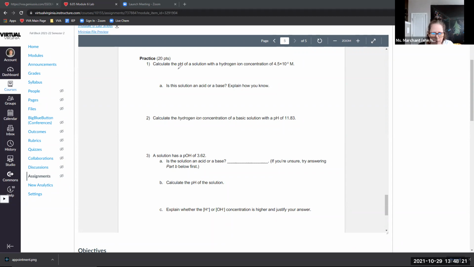Okay. The first one is calculate the pH of a solution with a hydrogen ion concentration of 4.5 times 10 to the negative 6. So I look through my equations and I find out pH equals negative log of the molarity of an acid.